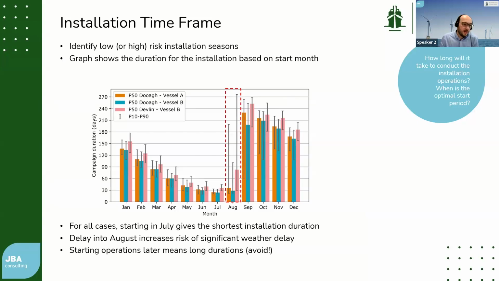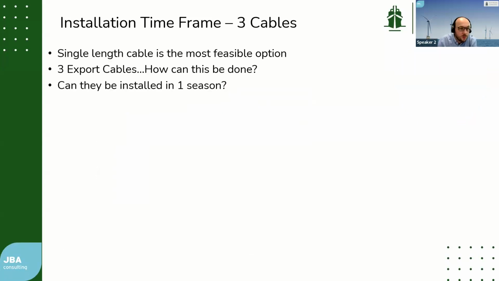Starting the operations later than your optimal start date has an almost exponential increase in duration and likely in our transport installation costs. But it's worth noting that all this is for a single cable. We mentioned earlier that our cable route has 3 circuits, and therefore there are 3 export cables that need to be installed.